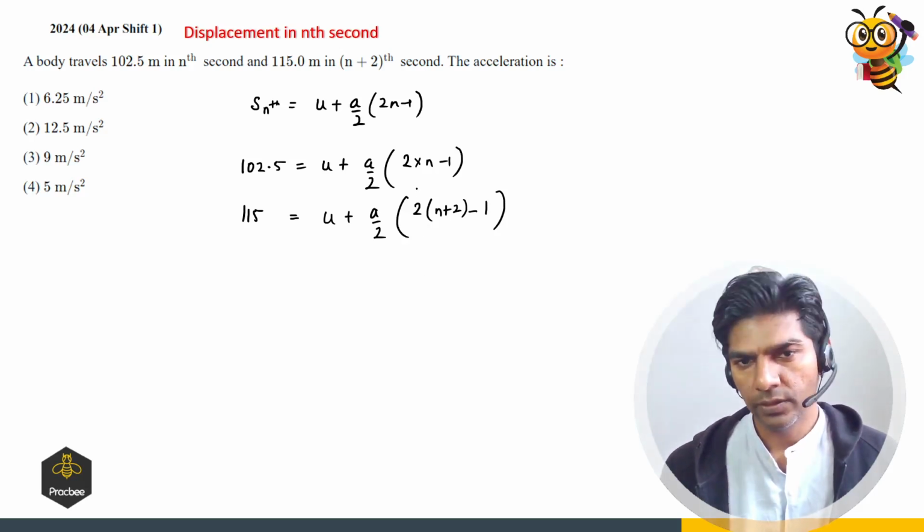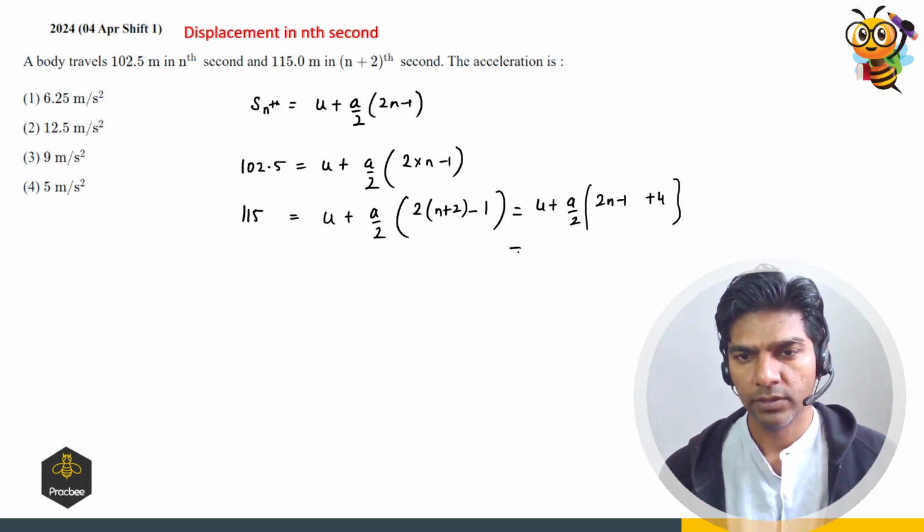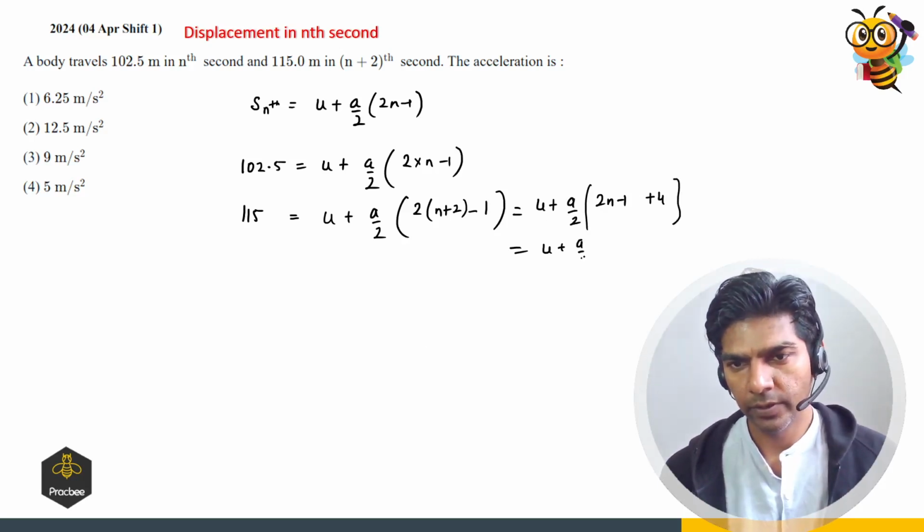Okay, so one thing we can do, let me simplify this further. It will be u plus a by 2 times 2n minus 1 plus 4, or this can be written as u plus a by 2 times 2n minus 1 plus 2a.